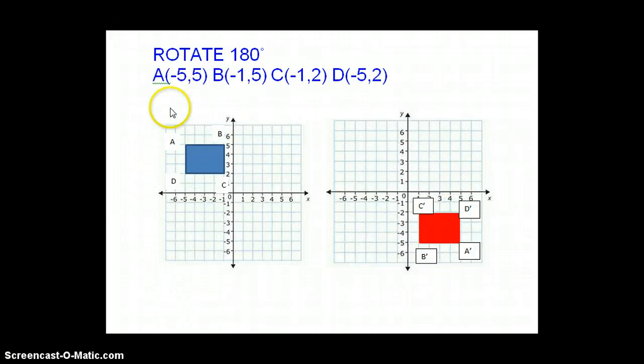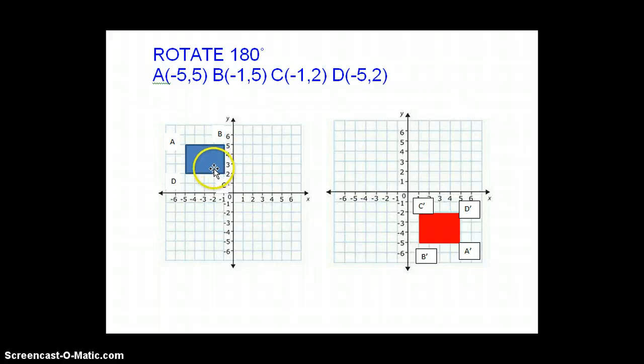Okay, so here we have our original shape with our original graph, and over here on this side we have what it would look like if you erased that original shape. As you can see, the figure was up in quadrant 2. We rotated it 180 degrees, so now it's down here in quadrant 4.